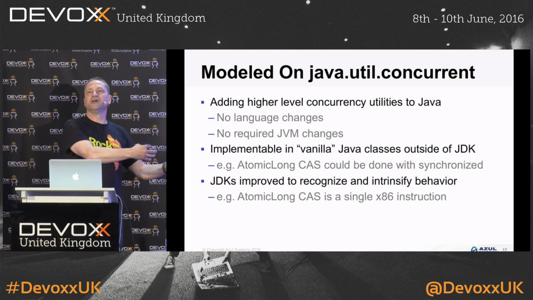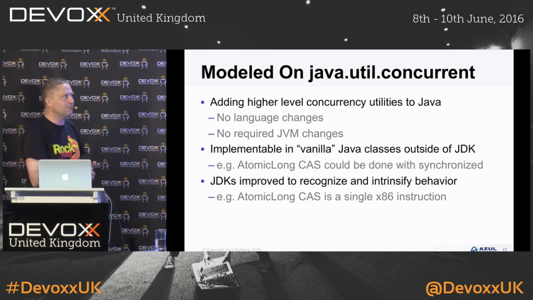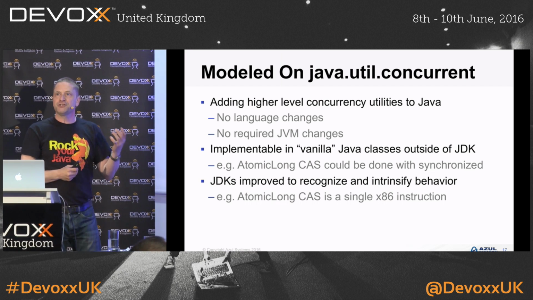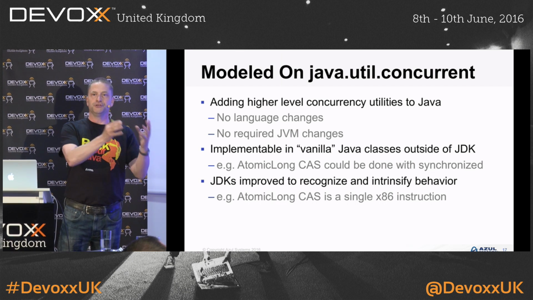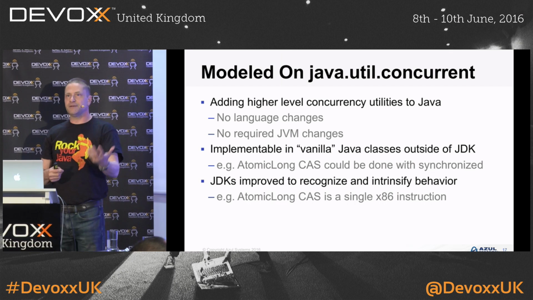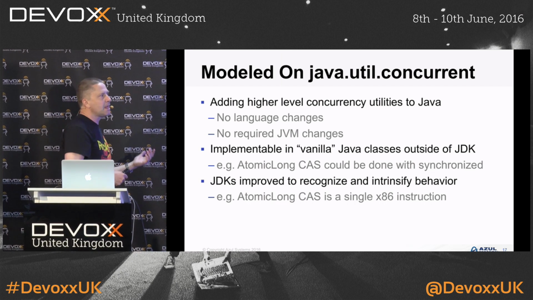They wrote them outside of the JDK. So they created a set of libraries as a normal Java library without having to change any of the syntax of the language. So it was simply a jar file that you could use and would give you things like semaphores, it would give you atomic operations, mutexes, and so on.